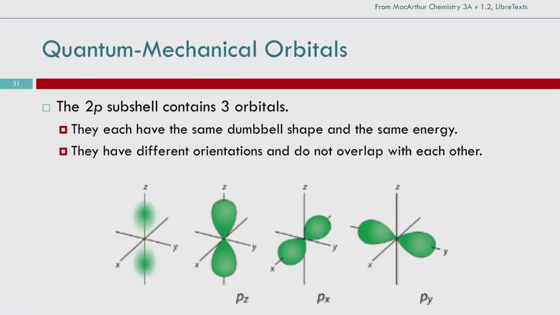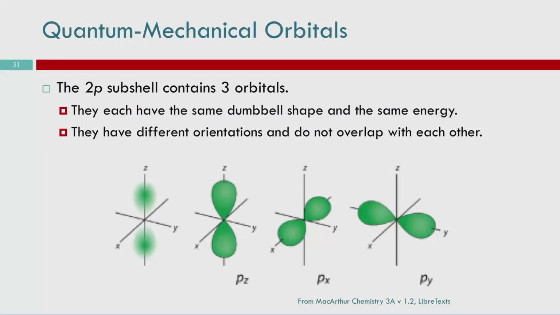Our 2p subshell is a little less straightforward. Our 2p subshell contains 3 orbitals. Orbitals are shapes. The subshell is the shape family, or the type of shape.